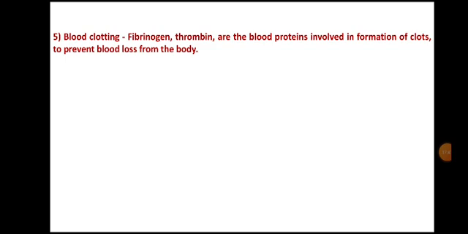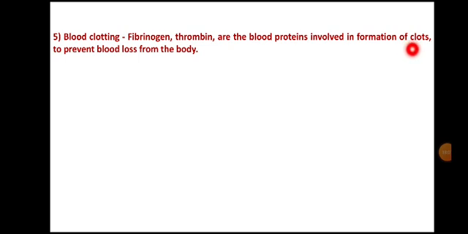Next example or the next function of protein is their involvement in the blood clotting mechanism in mammals. So proteins such as fibrinogen protein, thrombin protein, these are the blood proteins which are involved in formation of clots.